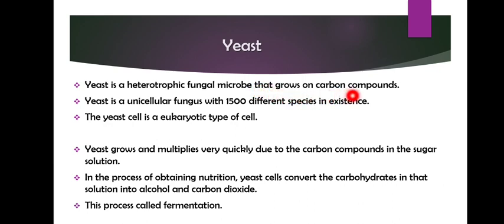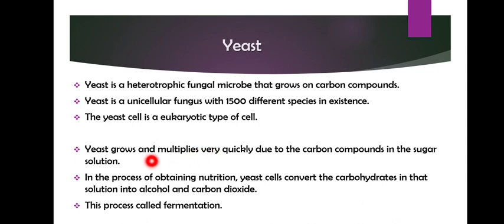Now it will grow on the carbon compounds. Also the yeast is a unicellular fungi with 1500 different species. All the yeast are having a eukaryotic type of cell. So what you need to remember about the yeast? Eukaryotic, unicellular, heterotrophic, and derives energy from carbon compounds. These 4 points you should know properly.